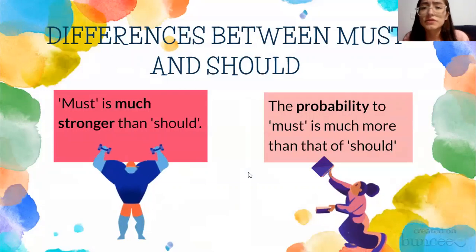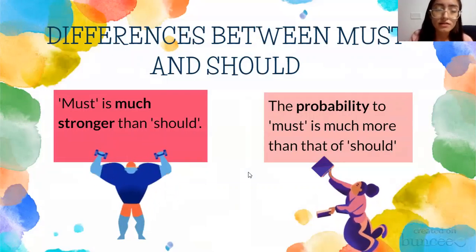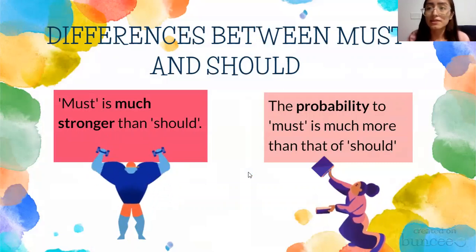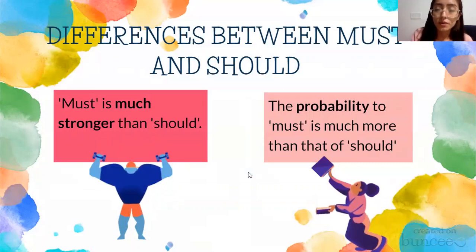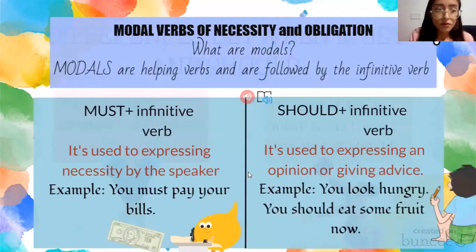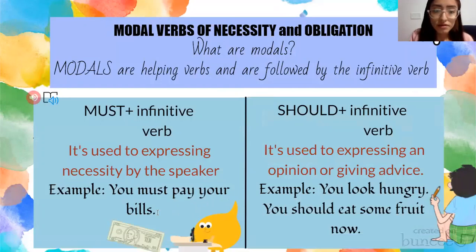What are the differences between must and should? First, must is much stronger than should because it expresses a necessity, not only advice. Okay? If we remember this example, you must pay your bills, we can see that paying your bills is necessary. For example, paying internet bills.